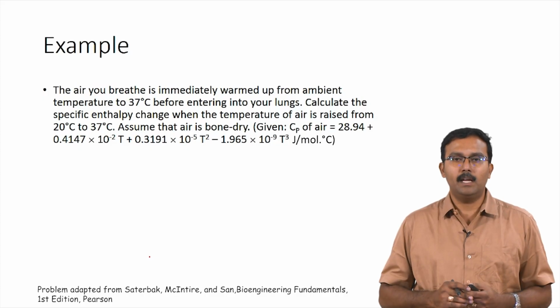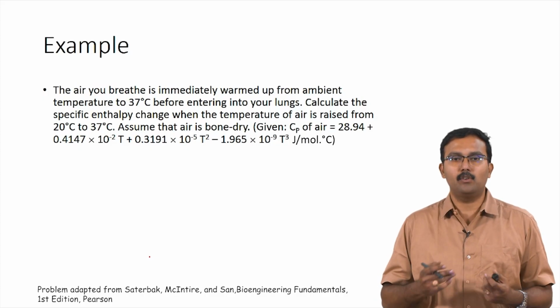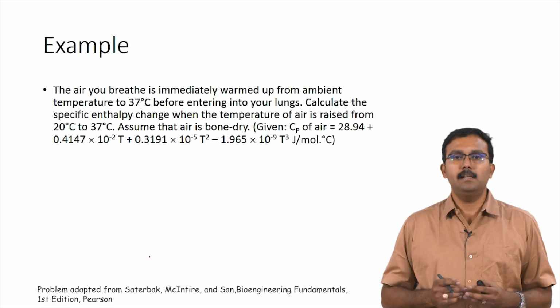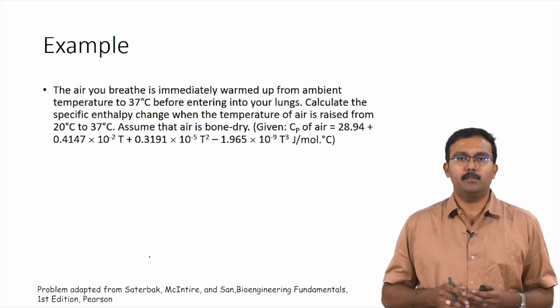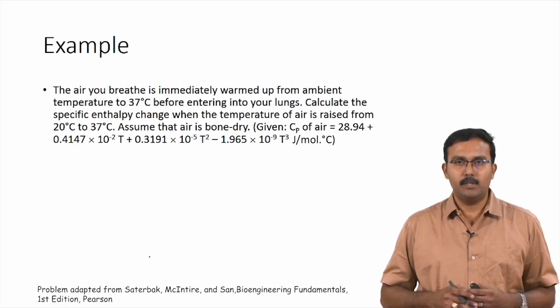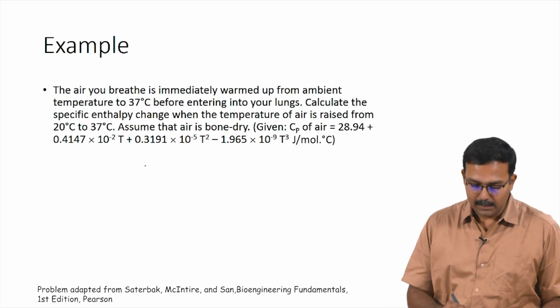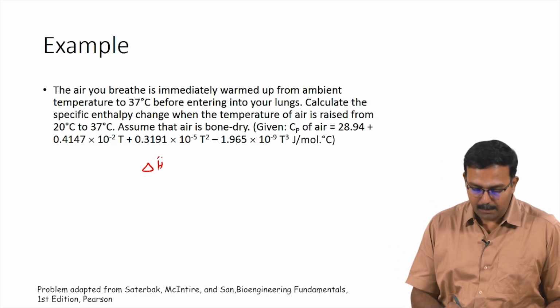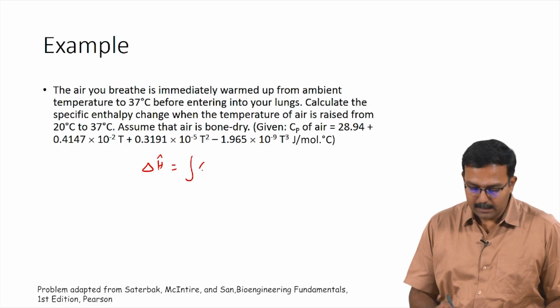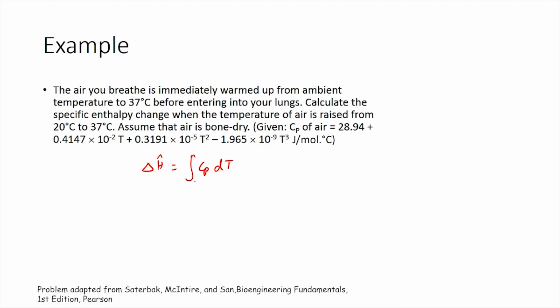Assume that air is bone dry and the value for Cp of air is also given. What you see here is a polynomial with respect to temperature given as the value for Cp. We know that we can calculate delta H cap as integral Cp dT from temperature 1 to temperature 2. Here the initial temperature is 20 degrees Celsius and the final temperature is 37 degrees Celsius.